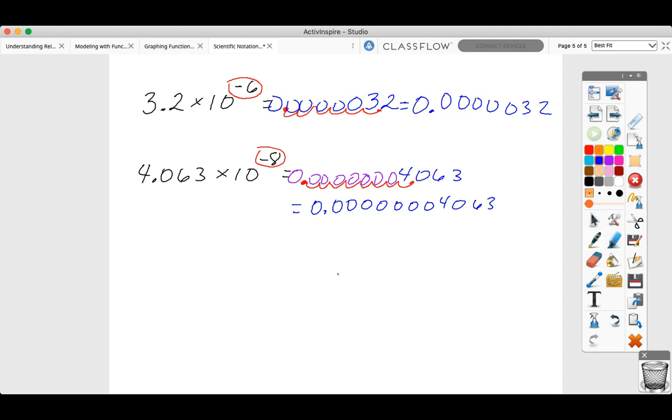Again, it's not terribly difficult. It's simple, but it may not be easy, but it's simple. You just have to move the decimal point the correct number of times and fill in with zeros. Also, know which direction you have to go. We're trying to get really small numbers when you have a negative exponent on 10.